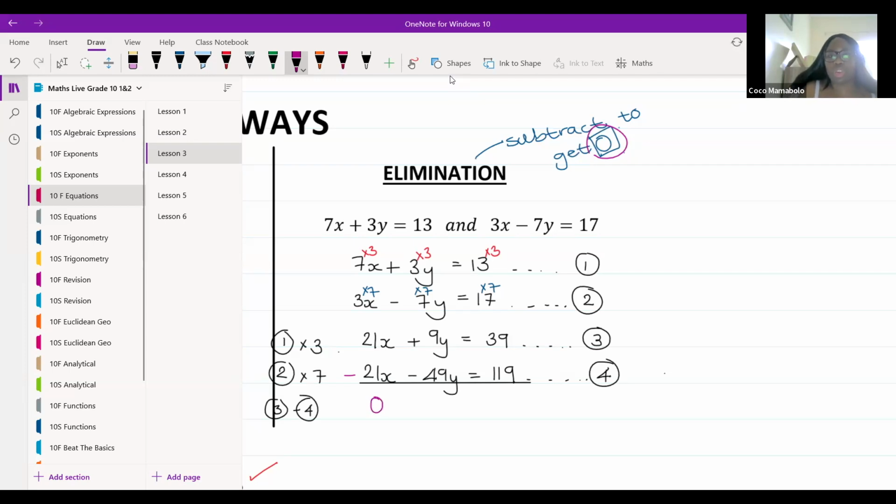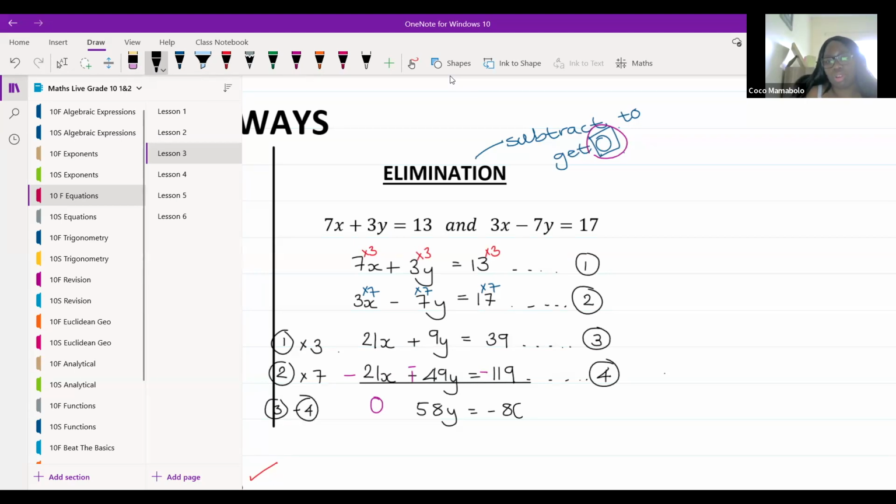And then I'm going to go 9y minus negative 49y. A minus and a minus is going to give me a plus. So now I've got 9y plus 49y. That's going to give me 58y. All right. And then over here, I also have to subtract. I'm going to get 39 minus 119. Can somebody punch that into a calculator for me? What is 39 minus 119? Negative 80. Negative 80.